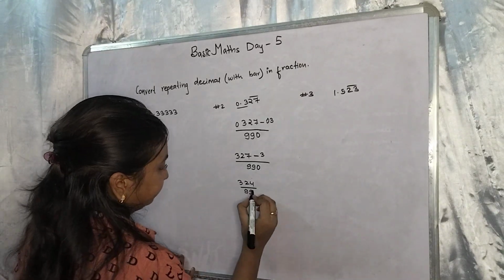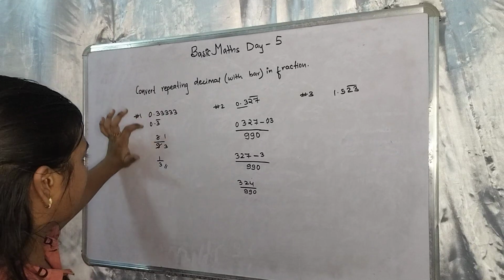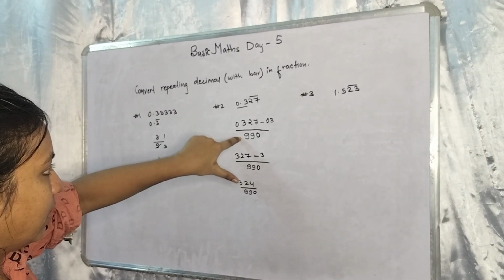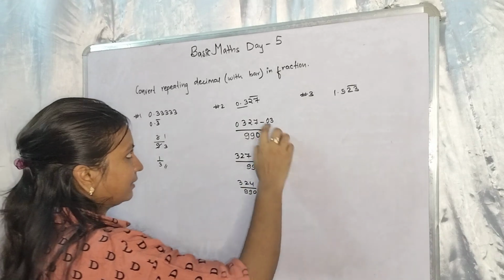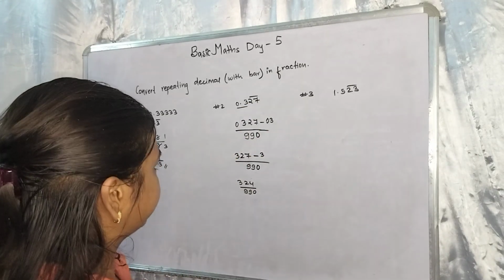Understood? Since there were no such numbers earlier, we didn't add 0 there, but since there was one number here, first we subtracted the whole number and we even added 0.